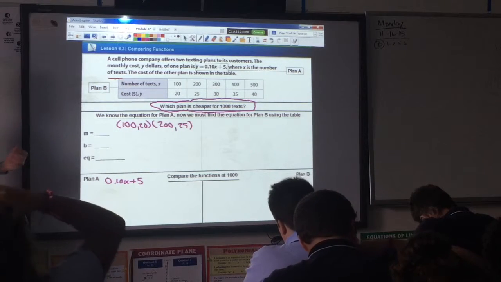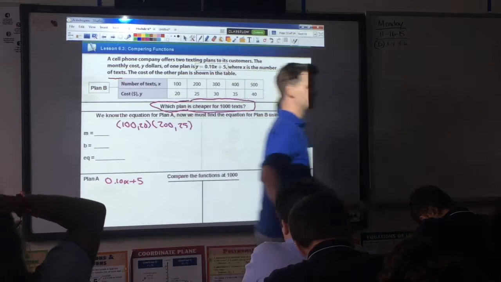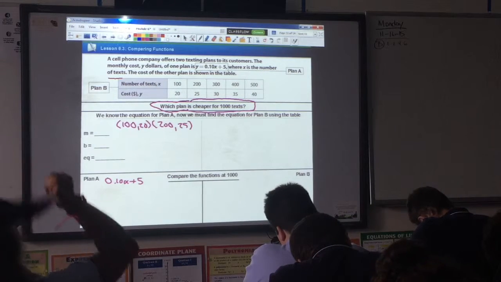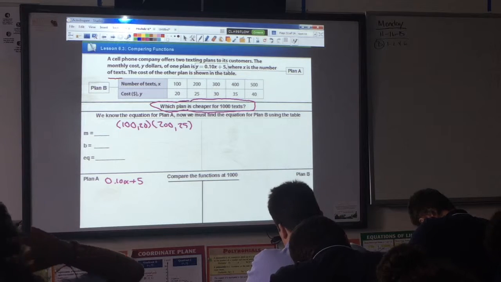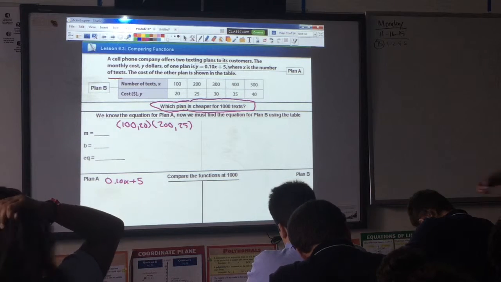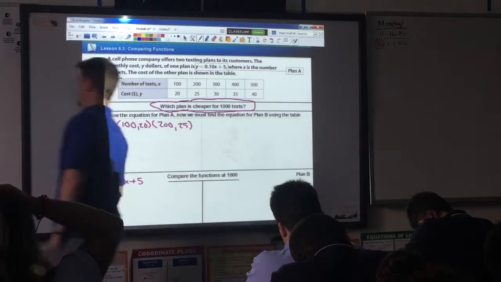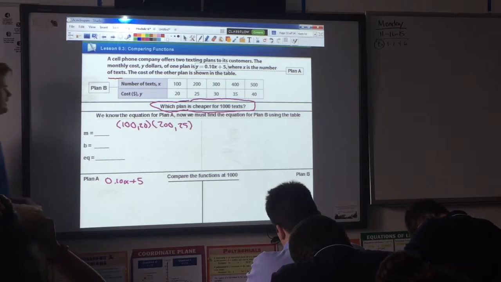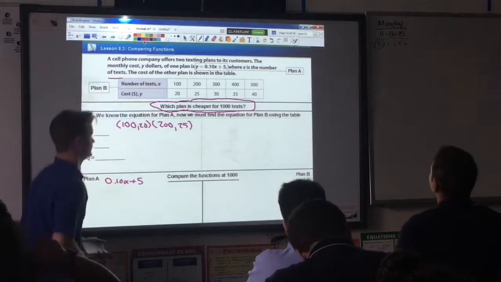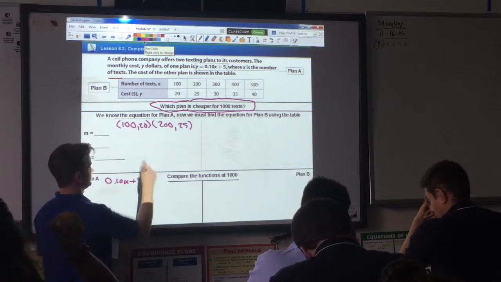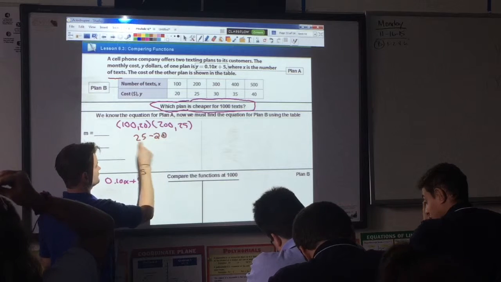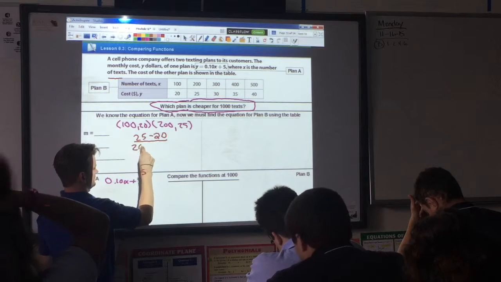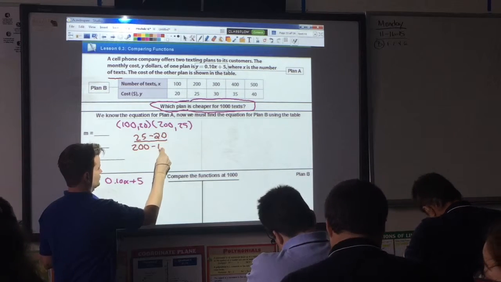And I'm going to go to Rihanna again, and I'm going to grab those cards. Right there. All right, Rihanna, help me find the slope. What is going to be my y2? 25 minus 20 over 200 minus 100.